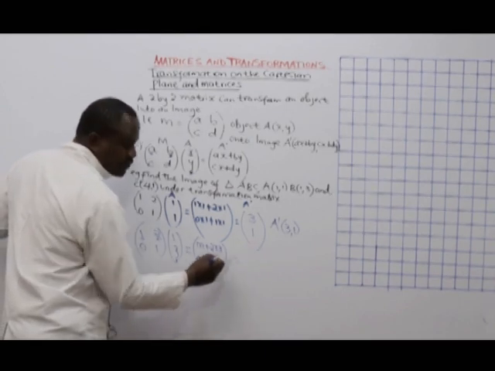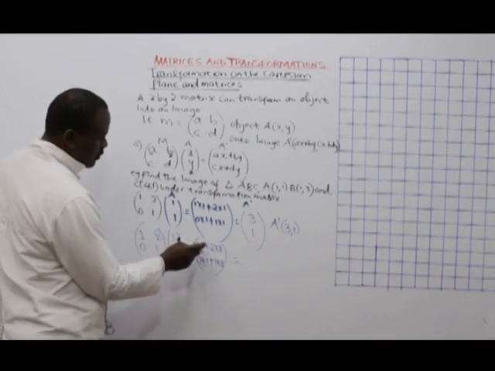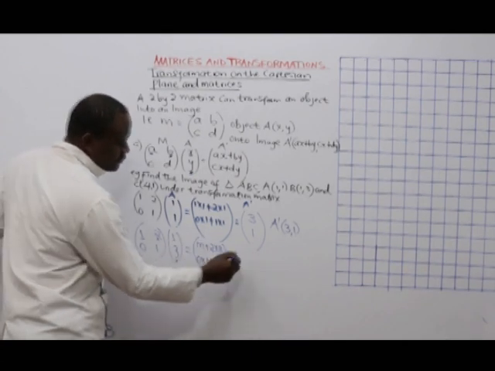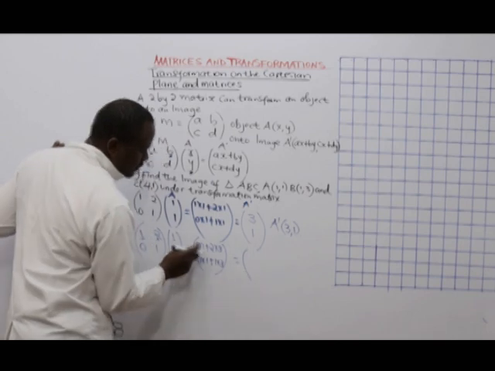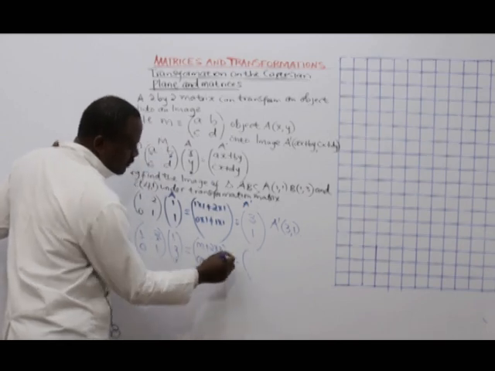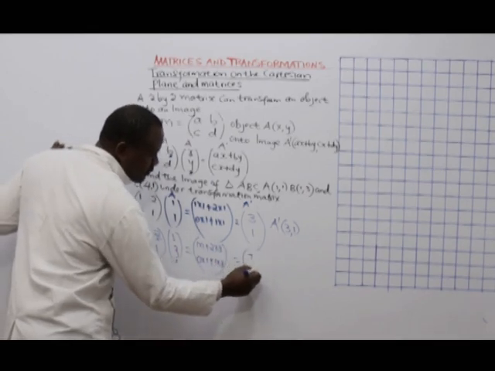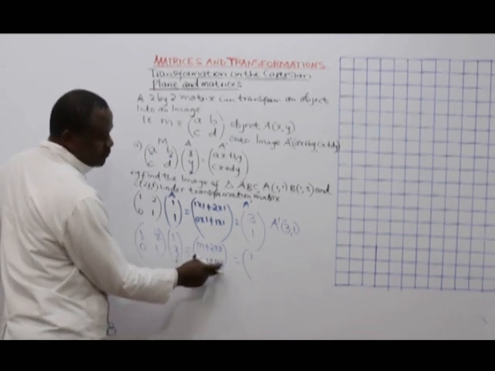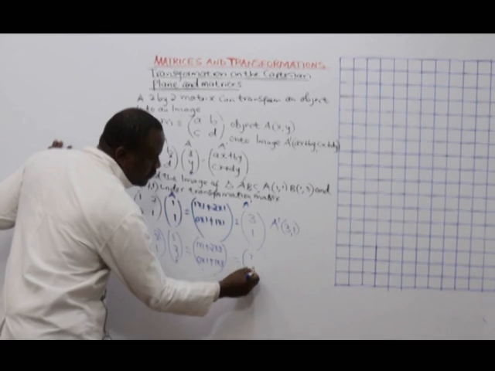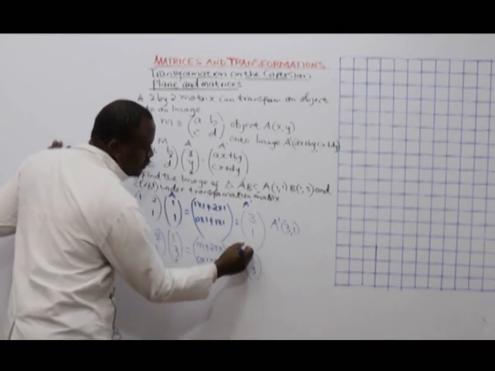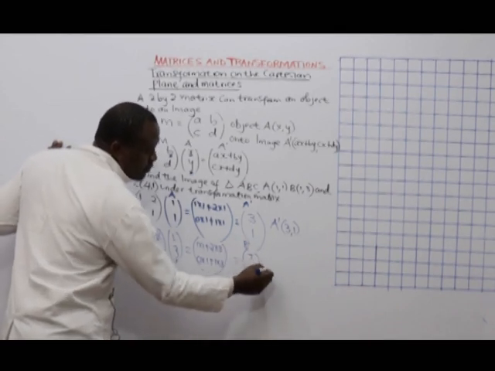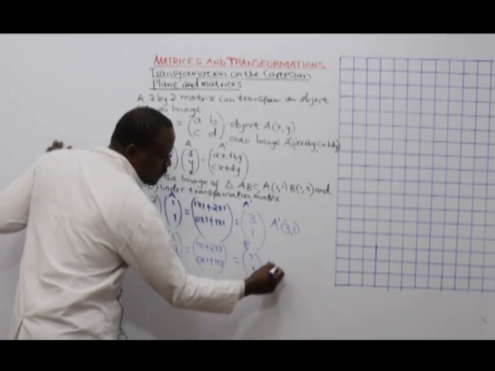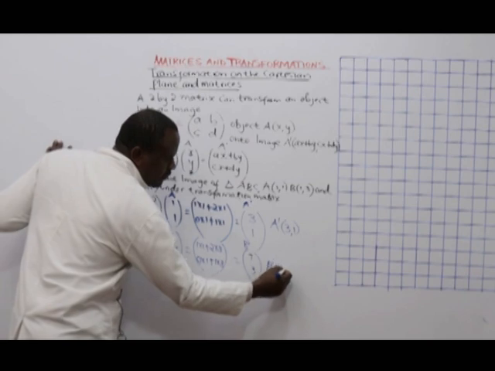We get 1 times 1 is 1, 1 plus 6 is 7. 0 plus 3 is 3. So this is B, but it is written as B prime (7, 3).